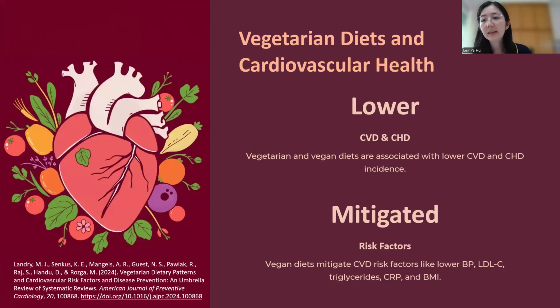Okay, and of course the risk of cardiovascular disease mortality is lower compared to non-vegetarian dietary patterns. So a vegan diet is also associated with mitigated cardiovascular disease risk, such as lowering blood pressure, LDL, triglycerides, CRP, and BMI when compared to a non-vegetarian diet pattern.